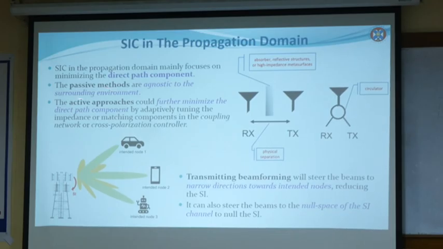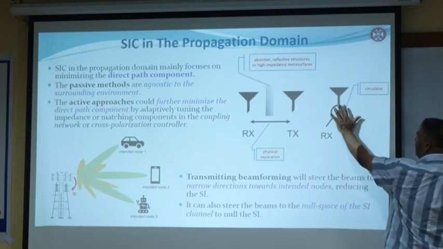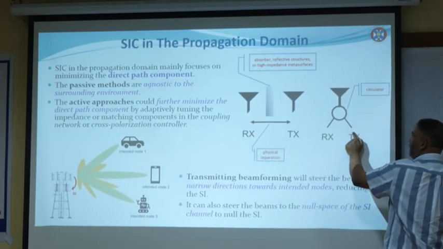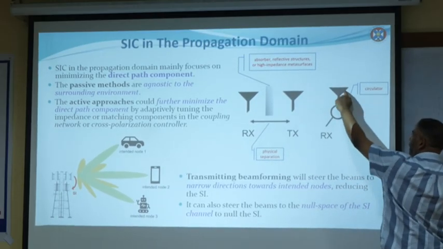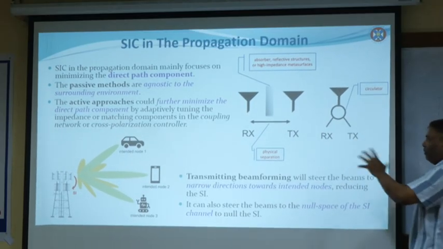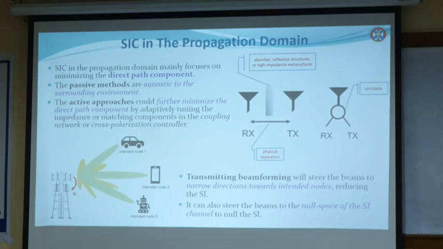Then there are some active approaches. This is the circulator that I was telling you about. I put two antennas here, but it can be one antenna. The transmitted signal will go this way, and the received signal will go this way. So the same antenna does both transmission and reception by a technique called a circulator.